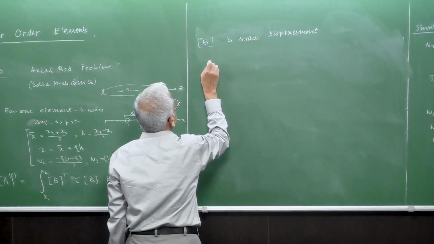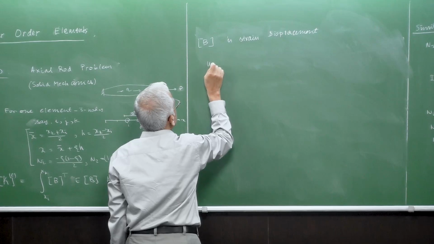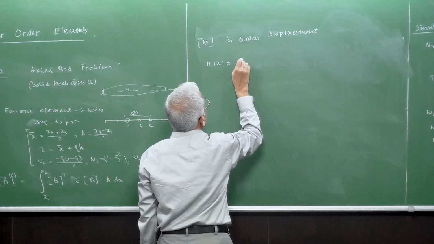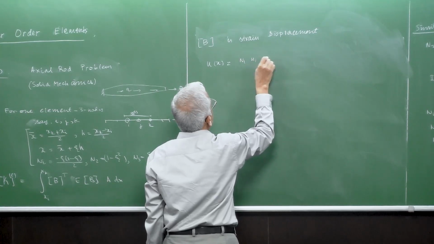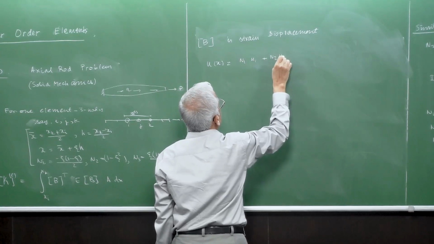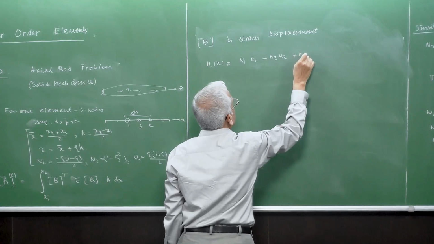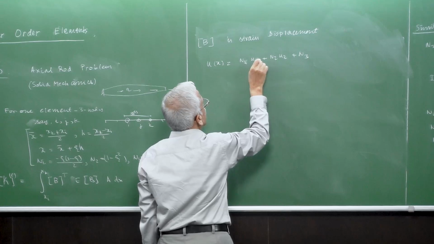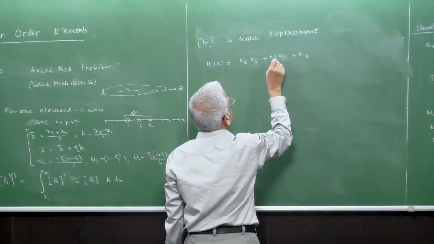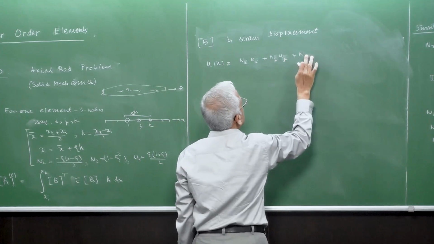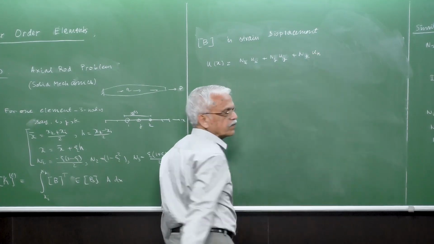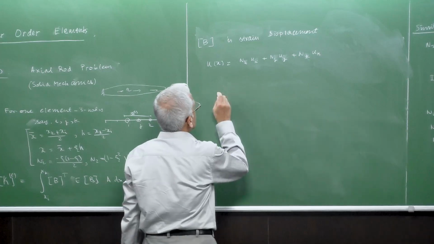Relationship in the sense that if u here is given as N1 u1 and so on, written in terms of xi, okay, so this is for u.